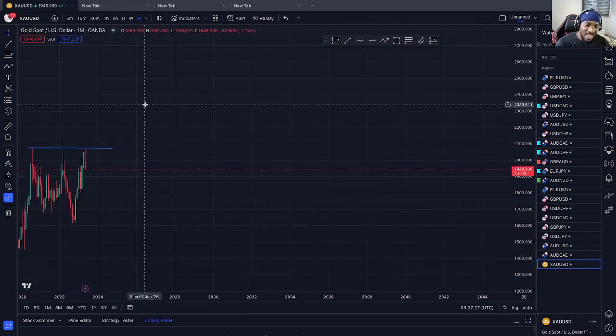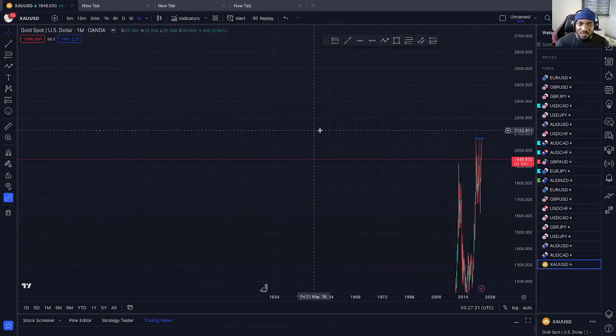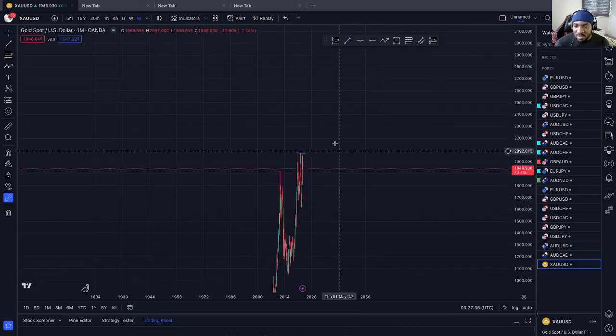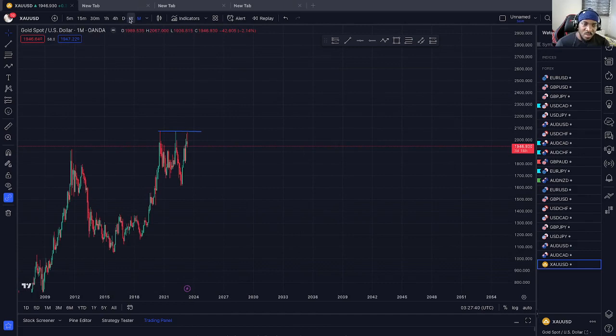If you are not on the higher time frame, you wouldn't see that for the whole history of gold, we have not really gone to this level before. So price went close to the level, and we're trying to sell off.